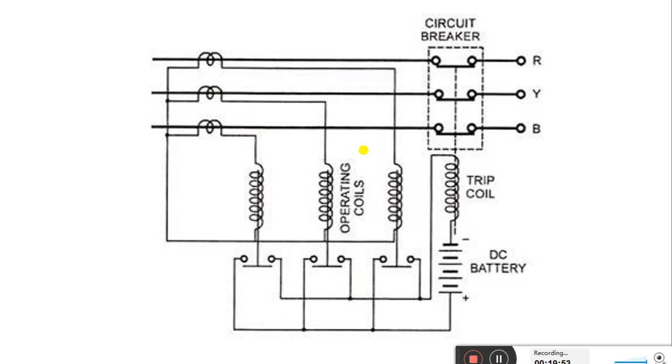So whenever there is an increase in the CT current, the excess current circulates in the operating coil, and the operating coil operates a plunger, so battery supply is extended to the trip coil, and once the trip coil operates, the circuit breaker contacts get open, so feeders are disconnected from the faulty point or the faulty load.